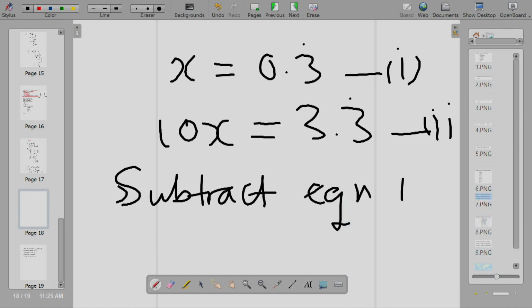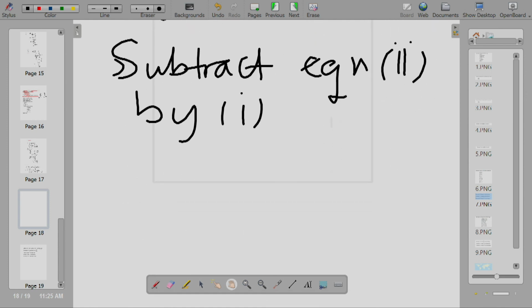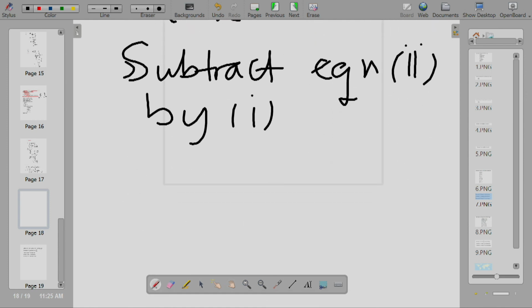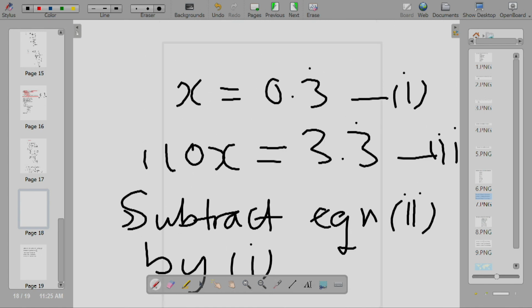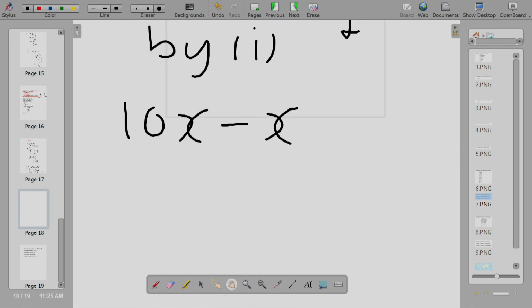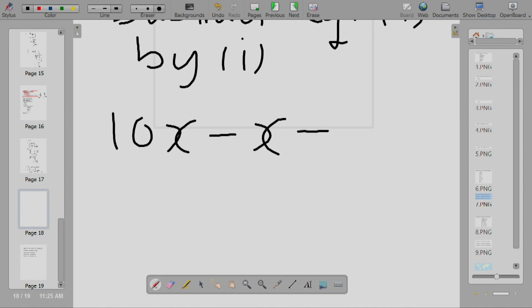These two equations can be subtracted as follows: 10x minus x equals 3.3 dot minus 0.3 dot.